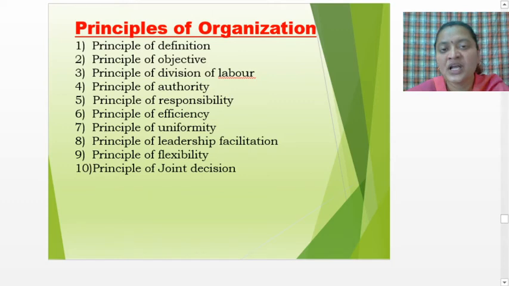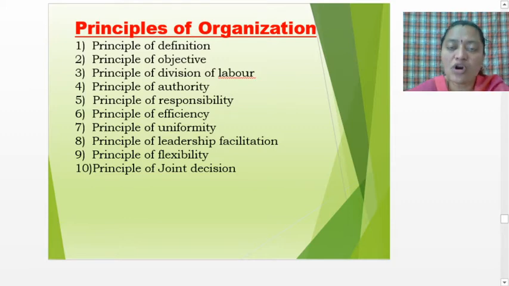Is it clear? Suppose you take, for example, a production department, when the products are being manufactured, there will be three processes, that is process 1, process 2 and process 3. In process 1, collection of all the raw materials will be there. Then in process 2, work in progress will be there, and in process 3, finished goods are there.